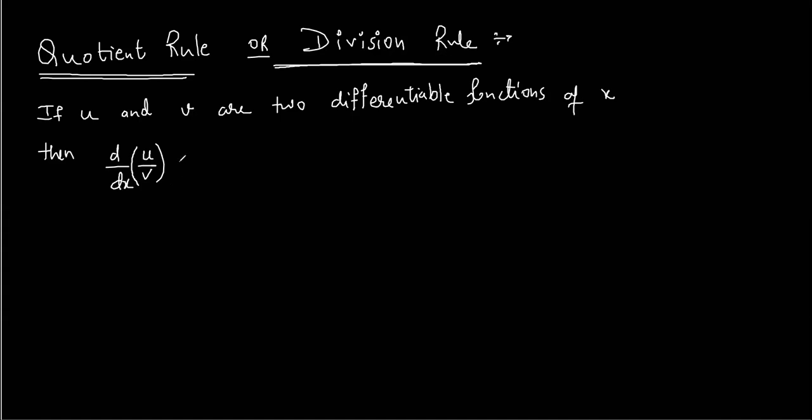There is a derivation for all these theorems. We are not doing the derivation, as you know. I will write the rule only. The theorem says, you will have a numerator and denominator.